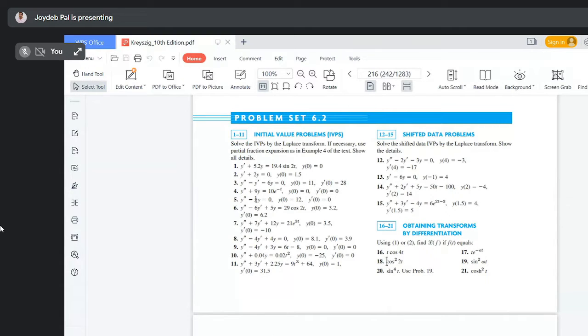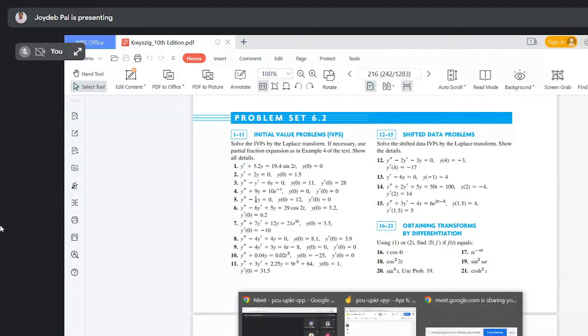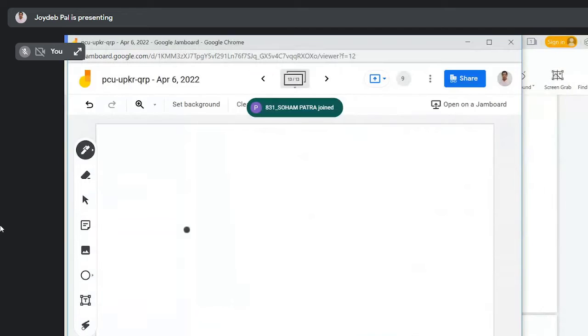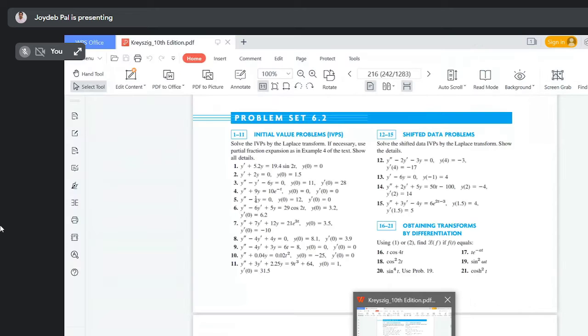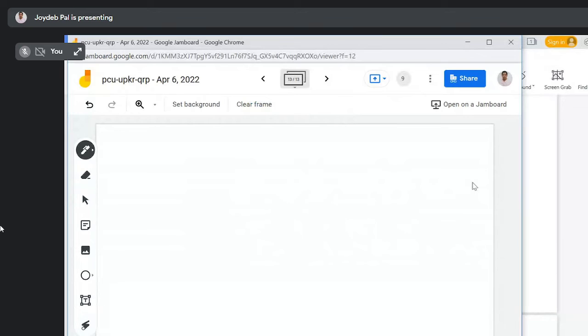Now, in case of cos square 2t, in case of cos square 2t, what you will do? See, it is problem number 18. It can be solved easily. Laplace transform of cos square 2t.